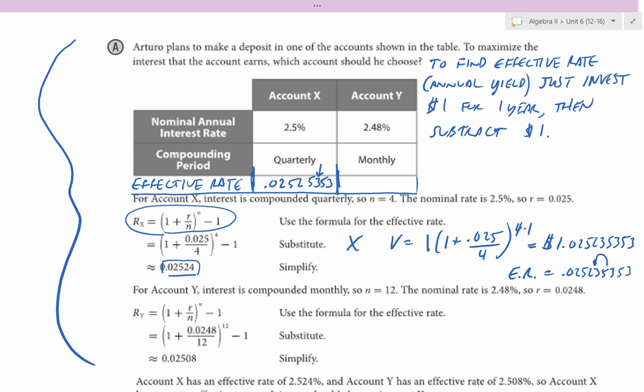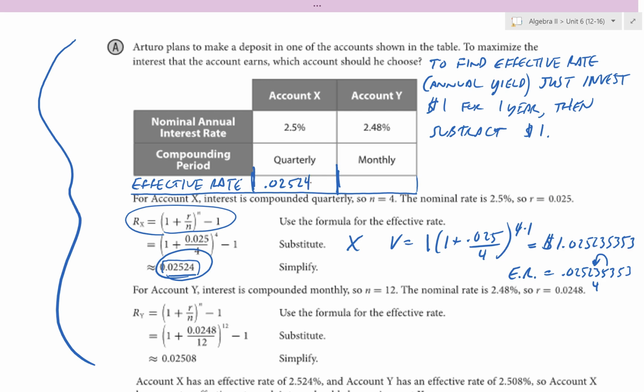If I round to this decimal place, that would become a 4, and that matches their answer. Did I write it wrong here? Oh, there we go, 3, 5, and that would round to a 4. So that is the same as what they got.